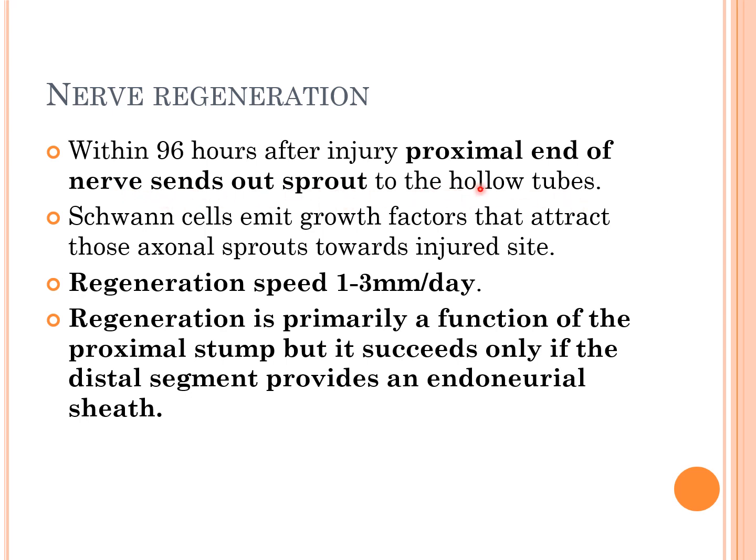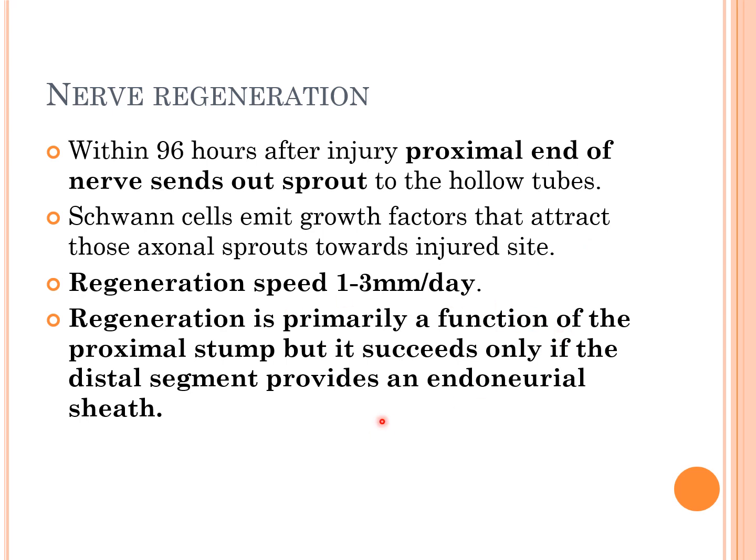We said that the neurolemmal tube will remain hollow, but the Schwann cells will proliferate and they'll fill the neurolemmal tube. The neurolemmal tube will remain as a hollow tube, and this hollow tube will be filled up with these sprouts, and the Schwann cells will emit growth factors, and that will attract these sprouts to the injured site. And this regeneration will occur at a speed of 1 to 3 millimeter per day.